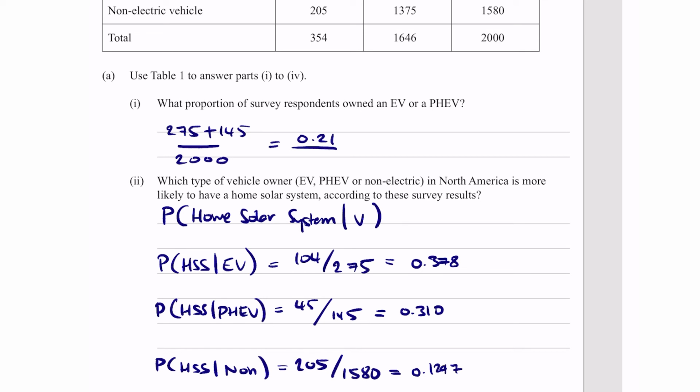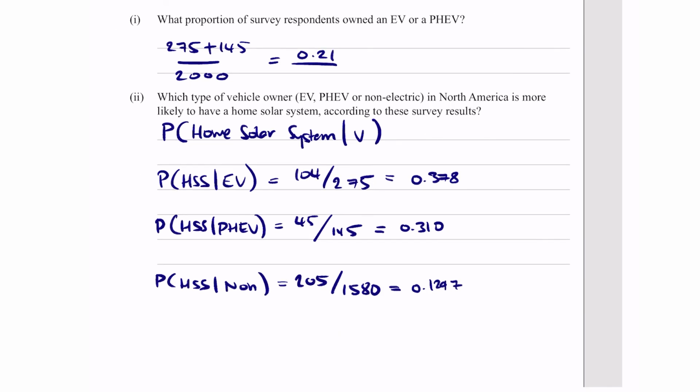Should be a 9. So which type of vehicle owner was more likely? Well, it's the vehicle owner which has the highest probability, which is the first case here. So therefore, EV owners are more likely to have a home solar system.